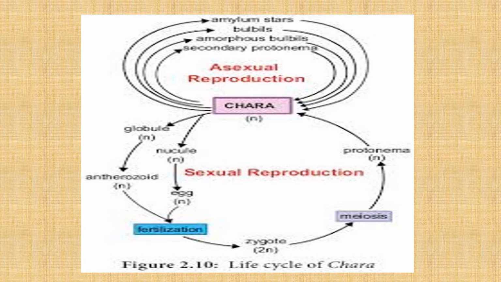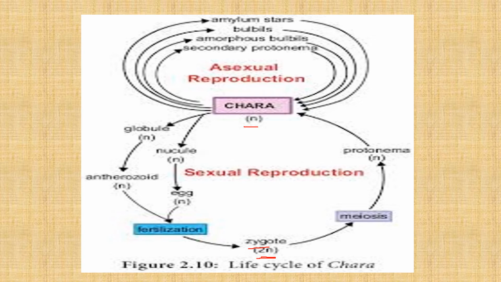I should be saying that the life cycle of Chara is haplontic because apart from the zygote, which is 2n, all other stages are n. So this is a haplontic life cycle, and reproduction is either vegetative or sexual, and asexual reproduction is absent.